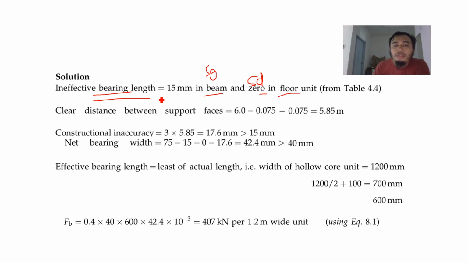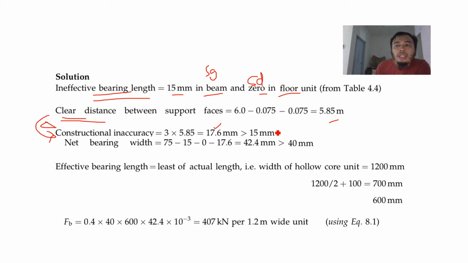This gives you different values based on the criteria. Then you calculate the clear distance between the faces of support, so that you can get your constructional inaccuracy, or delta. So how much you need to allow for inaccuracy. For example, in this case 17.6 is more than the minimum.